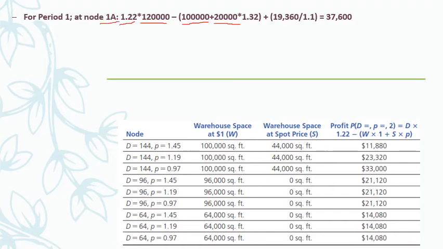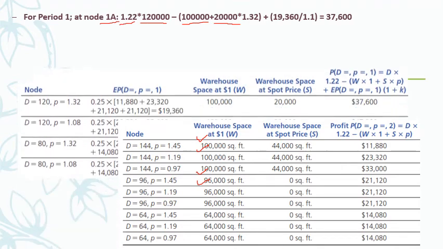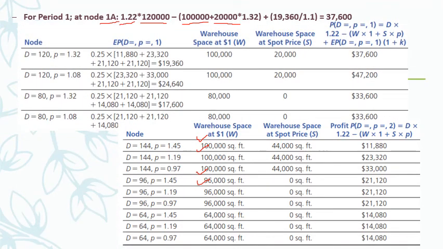Node 1A is connected to which four nodes? 1, 2, 3 and 4. These are the four nodes. What are the values? See here, 11,880 plus 23,320 plus 21,120 plus 21,120. That is what we have to calculate, and then we will get this, right?